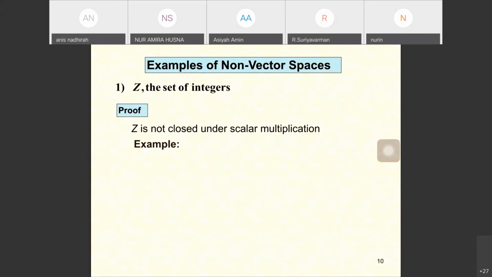Ada siapa tak nak tolong Amirudin? Amirudin tu fikir pun lama sangat. Who wants to help Amirudin? Siapa nak tolong Amirudin?